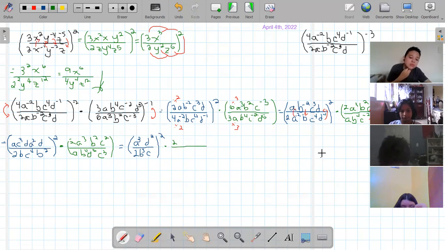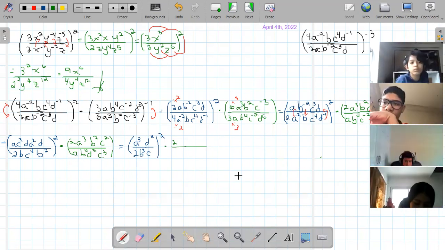Subtract. Where am I subtracting? We got A cubed and A. Where am I subtracting? In the numerator. So it's going to give me how much? A to the second power. Very good, because 3 minus invisible 1 is 2.